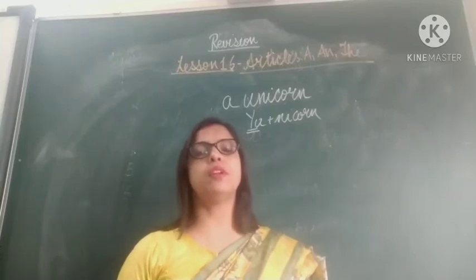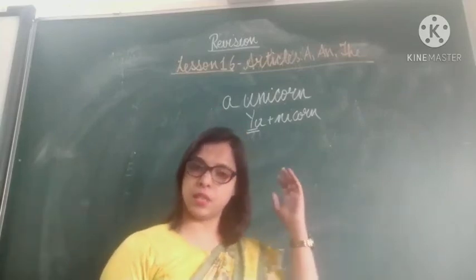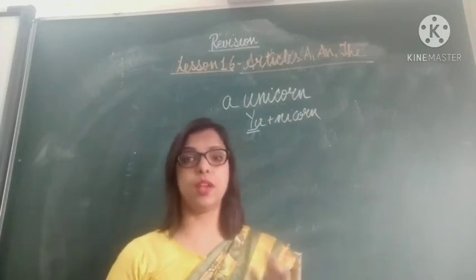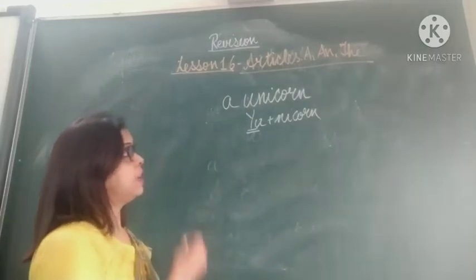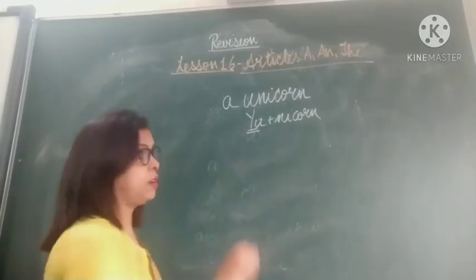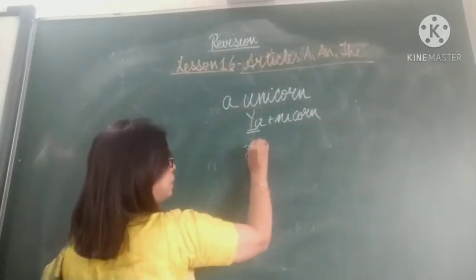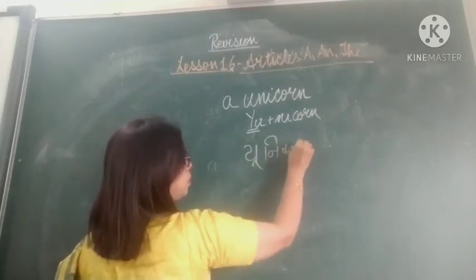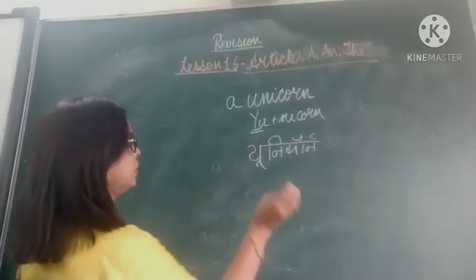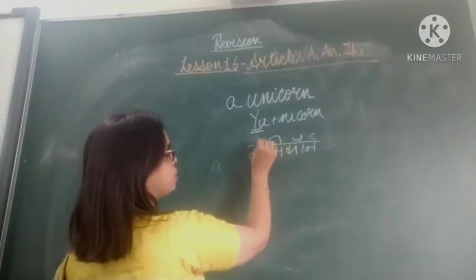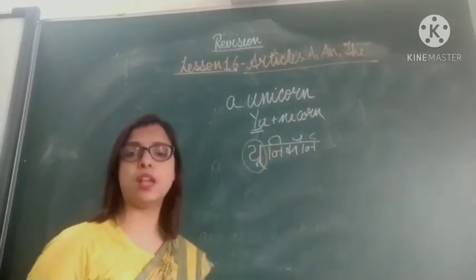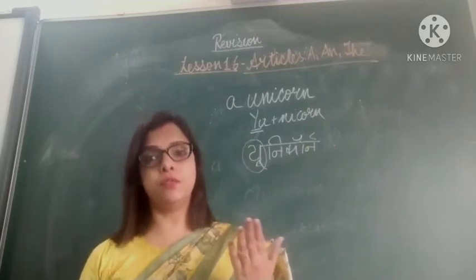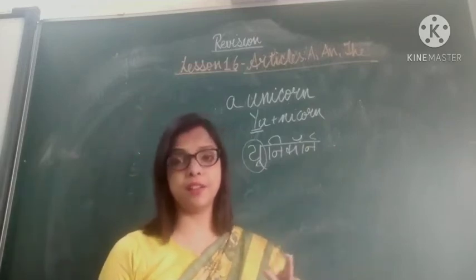Okay. One more trick I will tell you children. If you still have confusion, you can just write the words in Hindi. Let's see how it is done. If I take the same example, unicorn, I write it in Hindi, it will be something like this. So this is unicorn, we have written it with Y. And we know that Hindi alphabets can be divided into swar and vyanjan.